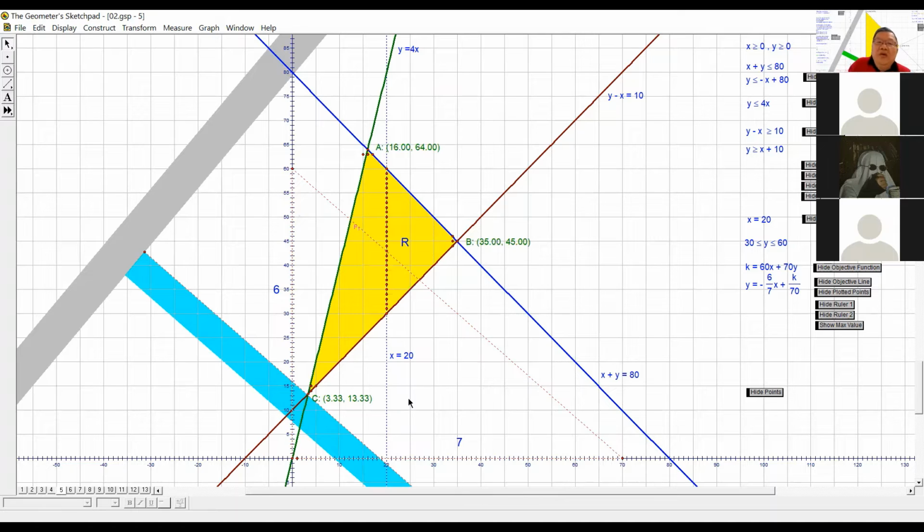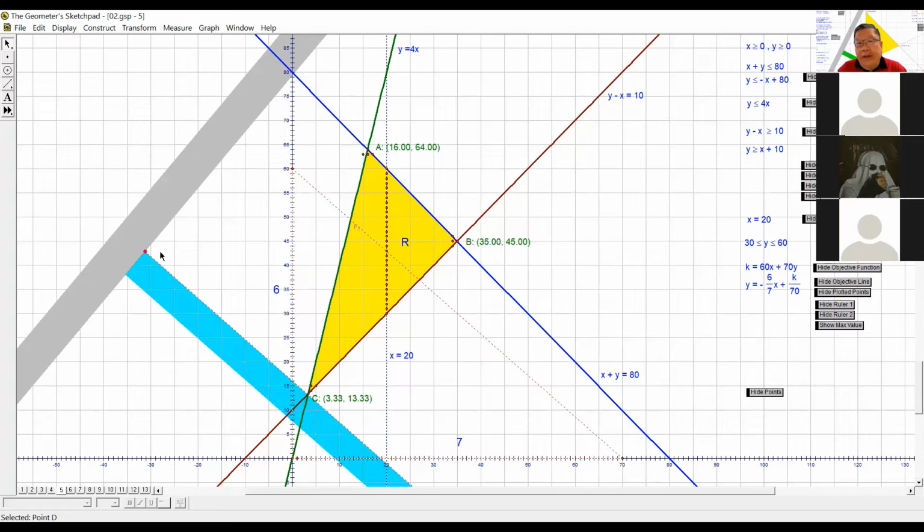Now, when we want to organize a course, our objective is not to minimize the fees collected. We want to maximize the fees collected. If I pull this objective function to the lowest point in the shaded region, it will produce the minimum fees collected.